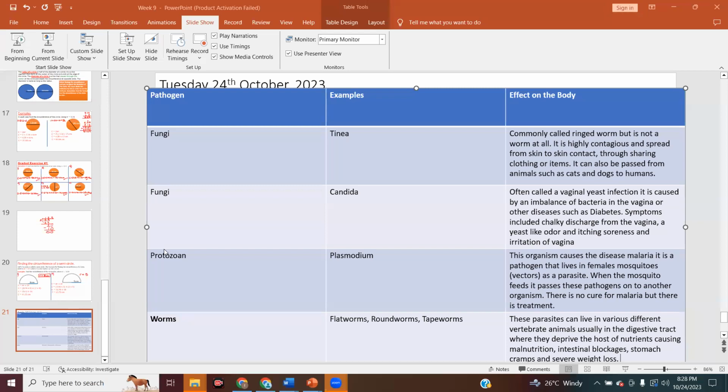I can't hear from Nathan. Is it Tinea? Tinea. Okay, that's a fungi.